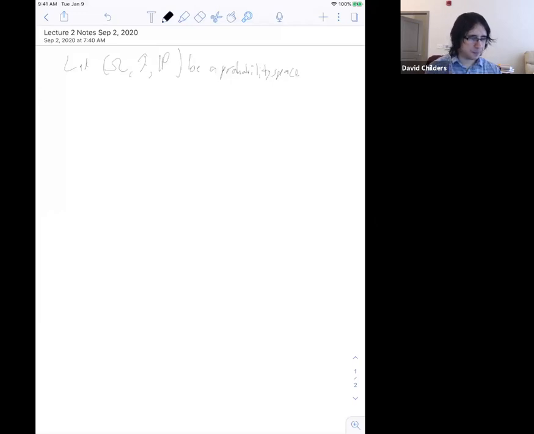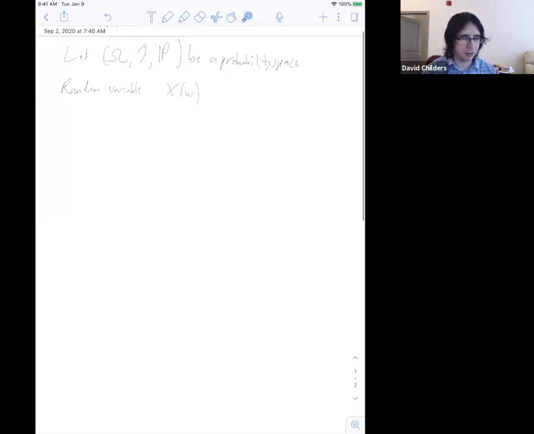Now, we left off with random variables. And so a random variable is just a function that's defined on a probability space. So we denote this with X(ω), sometimes ω to denote that the arguments of this function are elements of the probability space big Ω.